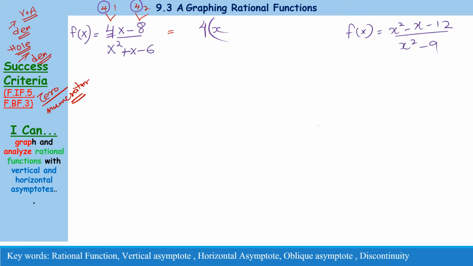So x is left. Then there is a negative sign, so write it down. And 4 you already wrote, so 2 is left. You can see that I factored 8 as 4 and 2. So 4 is written outside and 2 will be written inside, because when you open it, it will take you to the original question.